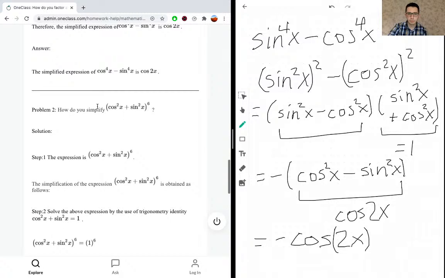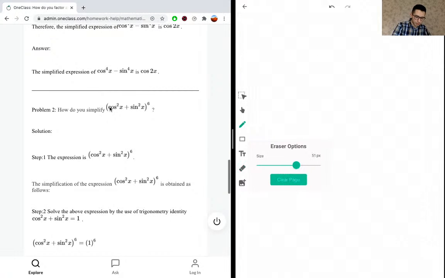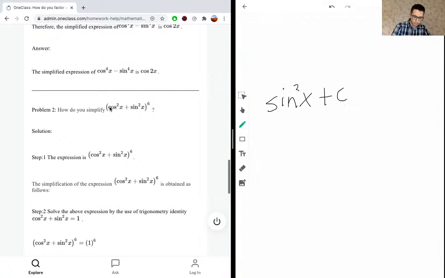Here's another example: cos squared x plus sine squared x, to the power 6. A very important trig identity to remember is as follows, probably one of the most important. Let me write that up here: sine squared plus cos squared equals 1.